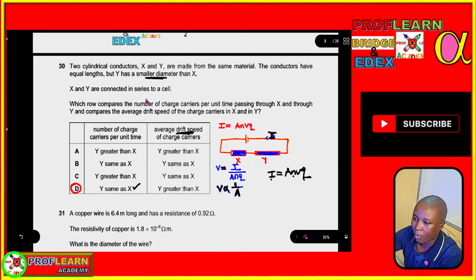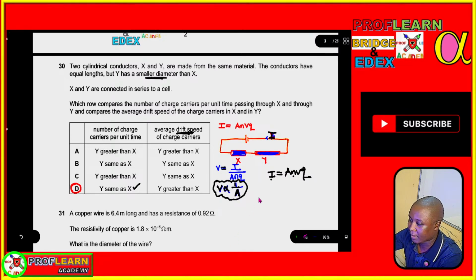So comparing the speed, the speed in Y is going to be greater than in X, because it is inversely proportional at this given point.